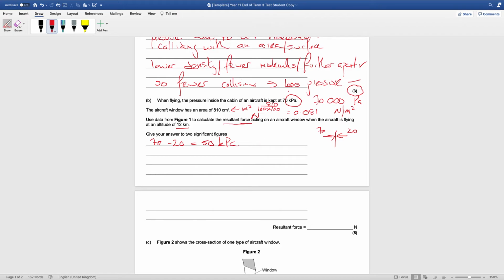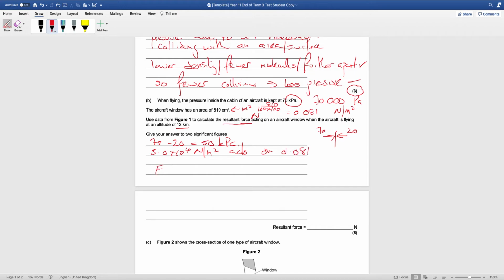Now, there's a mark for reading the 20 kilopascals and the conversion of the area into meters squared. One mark for those two things. So we've got 50 kilopascals. And that 5.0 times 10 to the 4 newtons per meter squared acts on 0.081 meters squared.